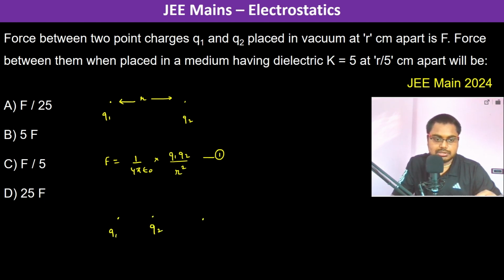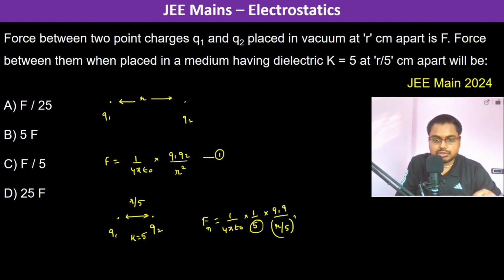So this force F new is going to be 1 by 4 pi epsilon naught into 1 by 5, because dielectric constant should also be multiplied, into Q1 Q2 divided by r by 5 whole square.